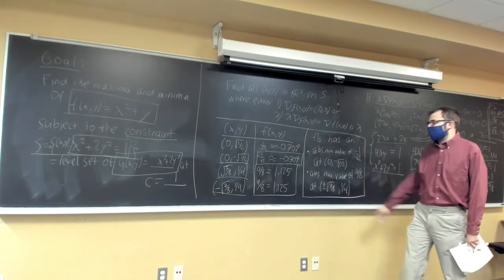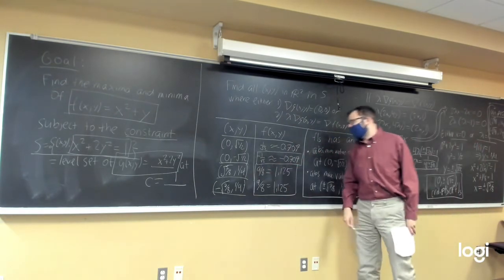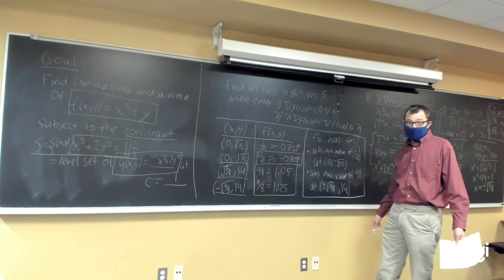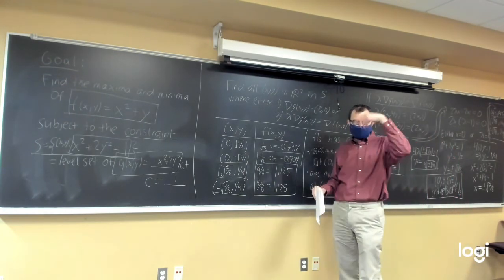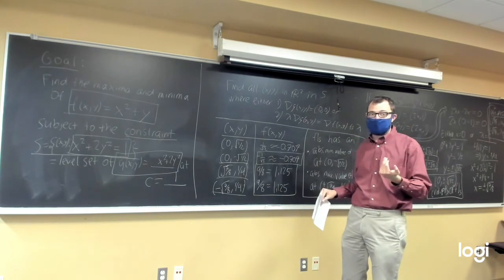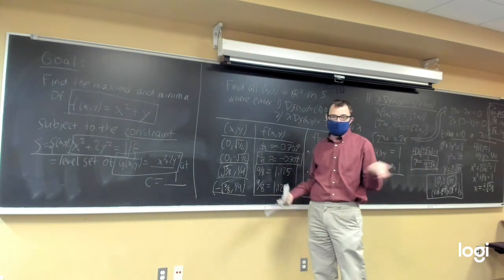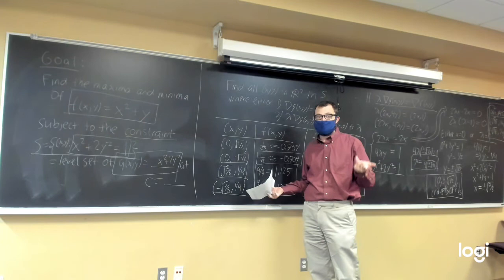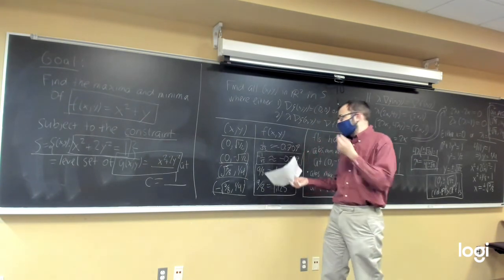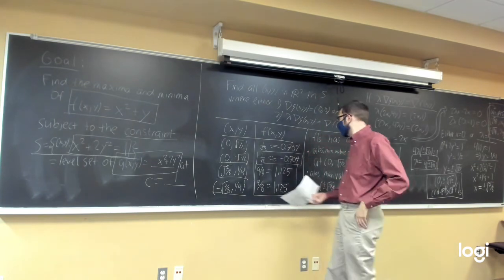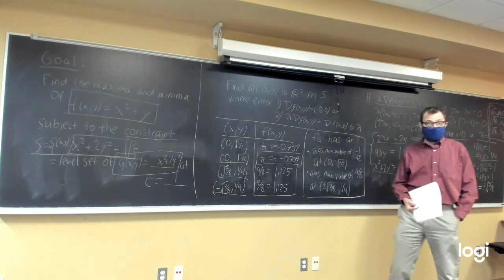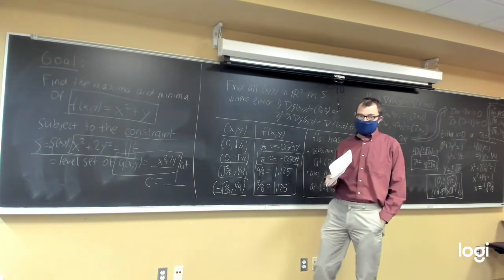And so at these 2 points, we got an absolute maximum for the function f restricted to S, meaning out of all the points in the little red circle on the screen, these were the 2 points that gave us the largest possible height, the largest possible output. And this point was the one that gave us the smallest possible output. And there we go. That's the method of Lagrange multipliers in a nutshell.